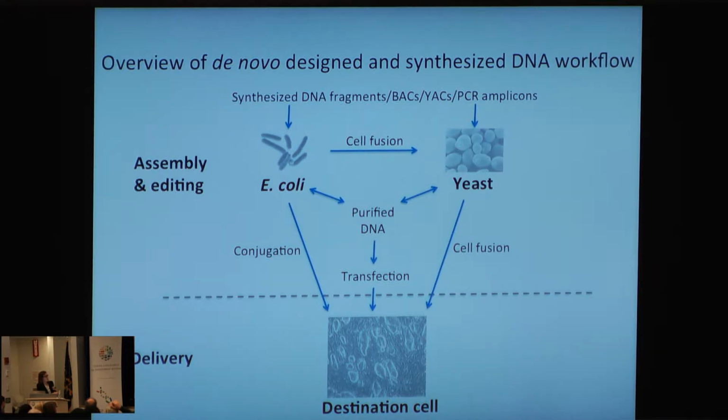You can use cells for those activities and all sorts of editing tools to build your big DNA of interest, which can then be delivered to your destination cells by conjugation from E. coli, and I know that's not a particularly efficient process, by cell fusion, which Alina talked about yesterday, or via purified DNA and standard transfection protocols.